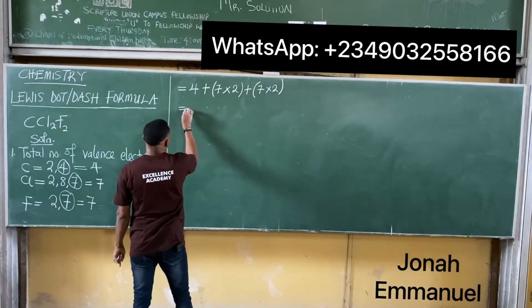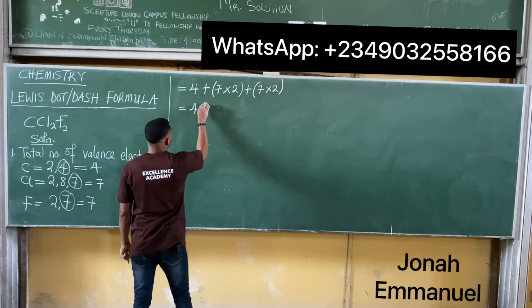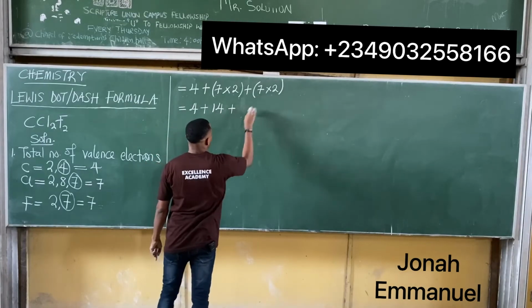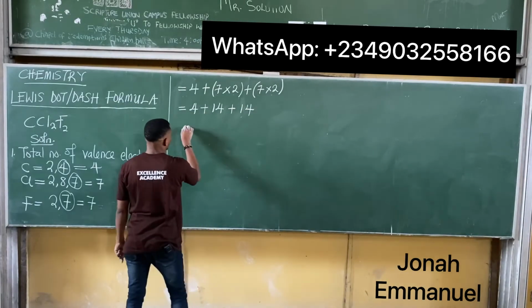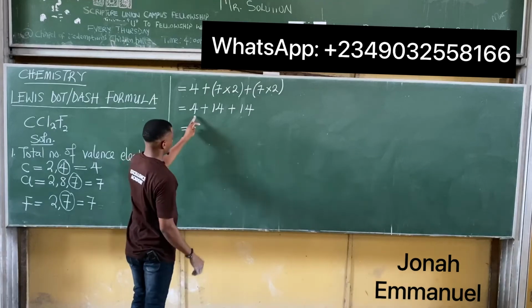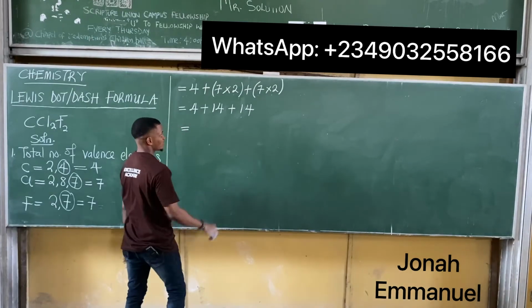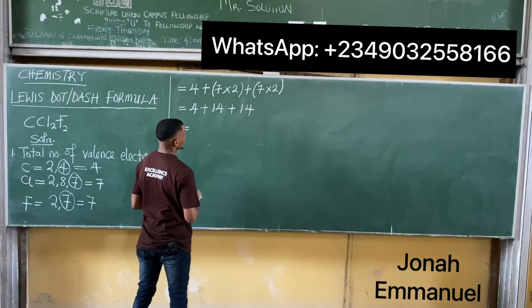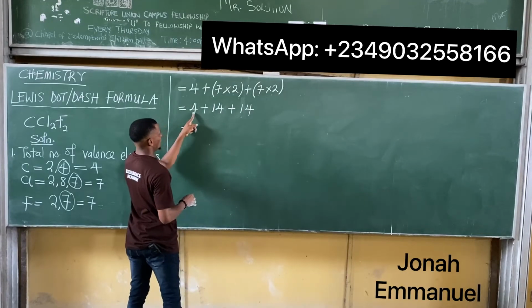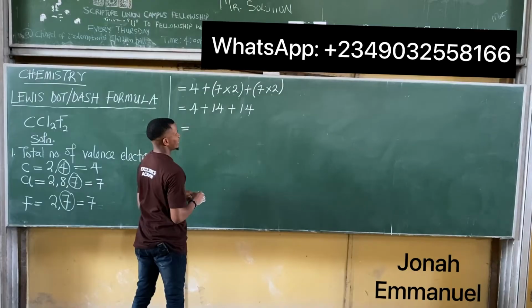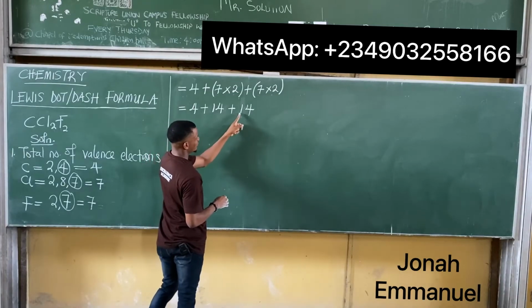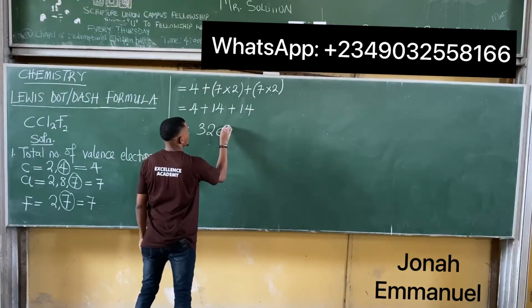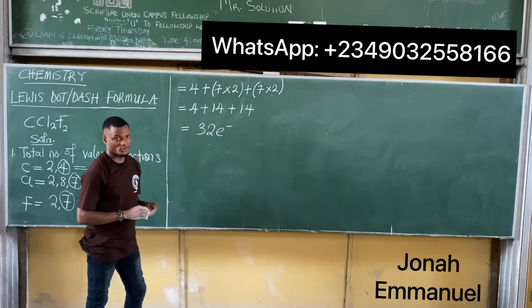So in total, 4 plus 14 plus 14. Combining the 14s gives you 28, and 4 plus 28 gives you 32. So I have 32 valence electrons in total.